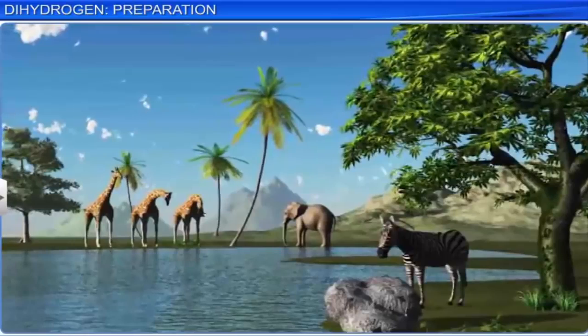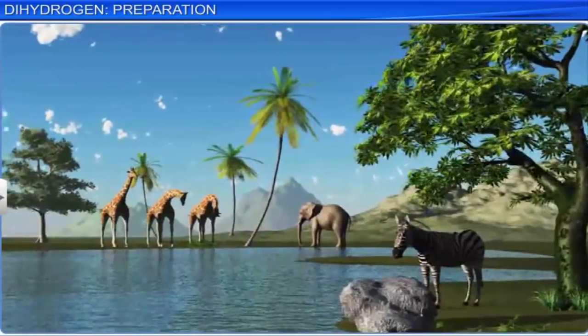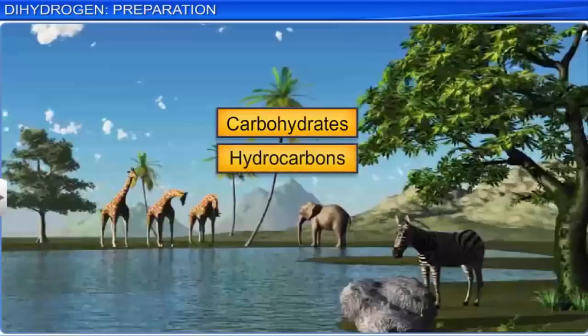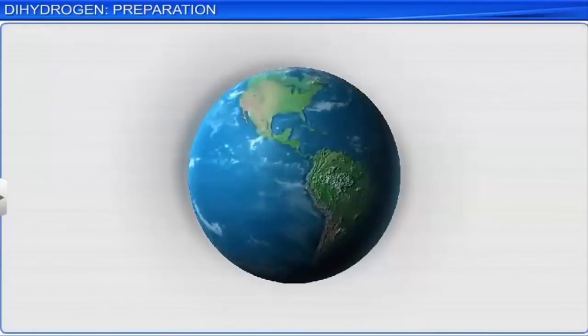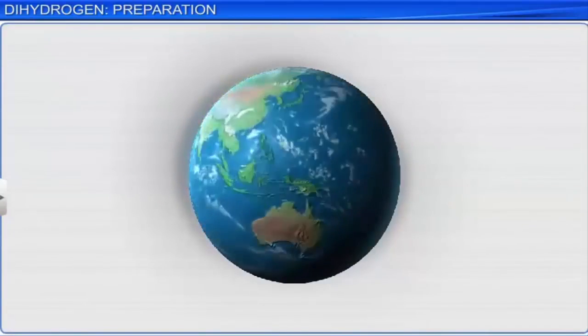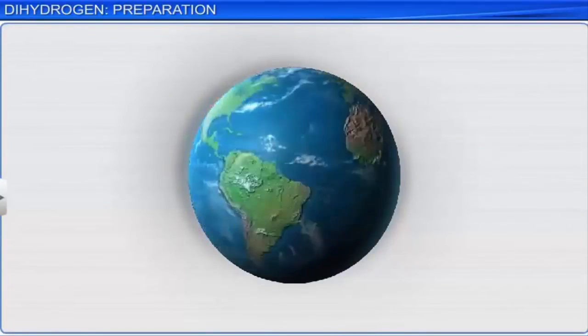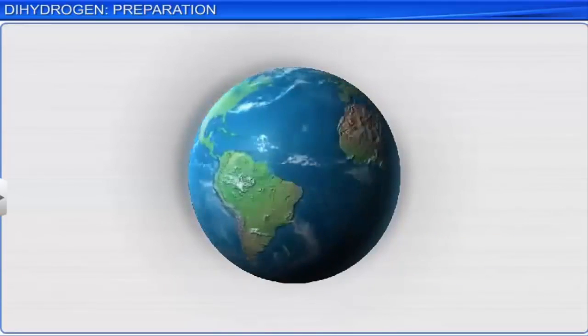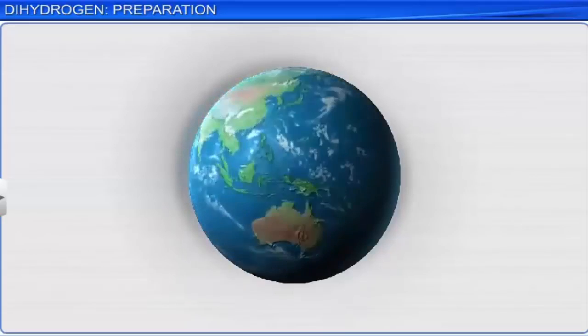In its combined form, besides water, hydrogen occurs in plant and animal tissues as carbohydrates and many other compounds like hydrocarbons. It is, therefore, the third most abundant element on Earth, constituting 15.4% of its crust and the oceans.